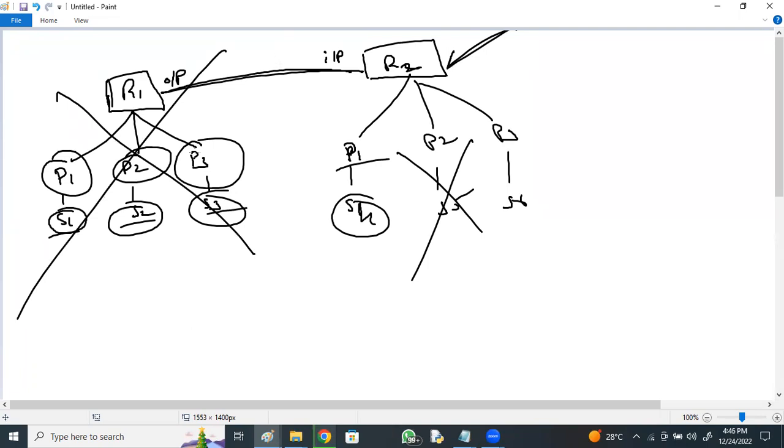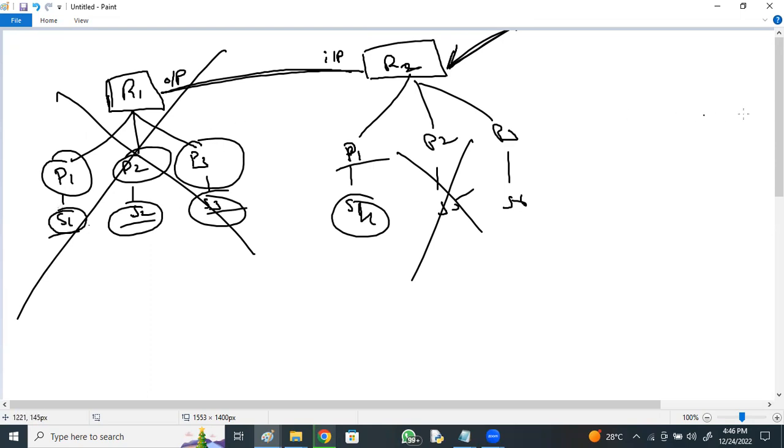Means R1's output is collected by R2 and stored in different machines, S4, S5, and S6. Then again partitioned into 3 different P1, P2, and P3, and execution starts. So once this R2 is ready and this computation finished, all the partitions available in the RAMs of S1, S2, S3, everything gets cleared.